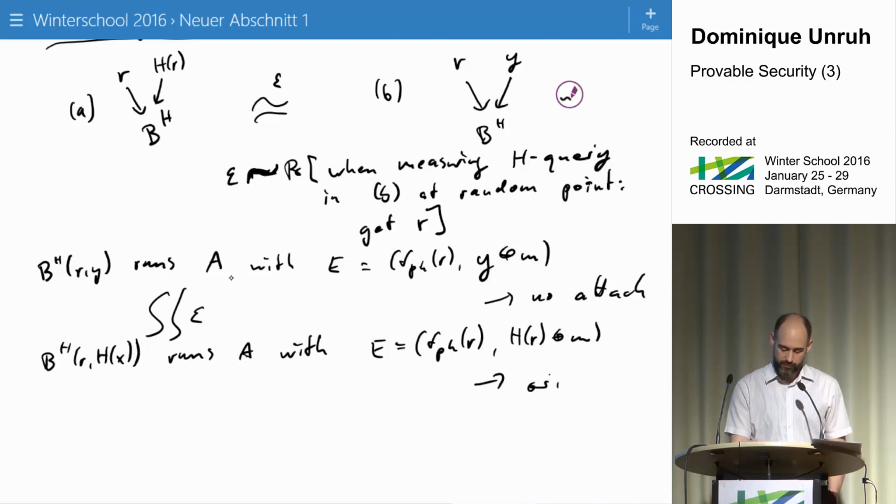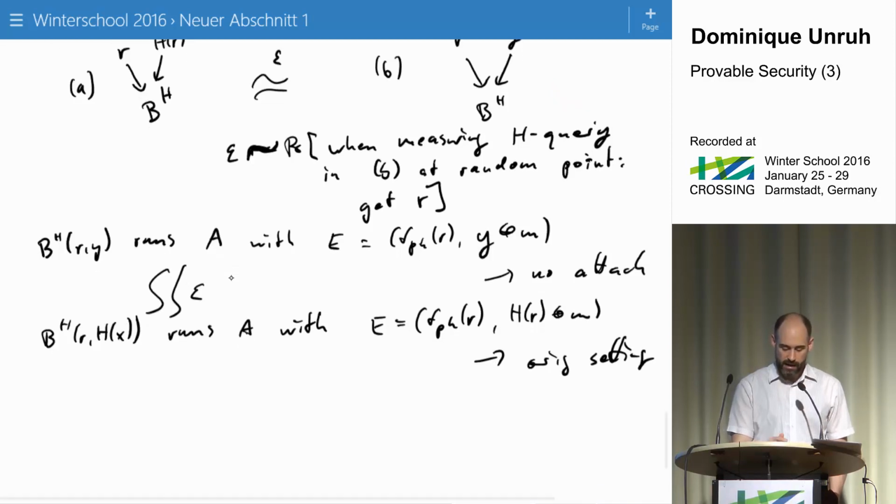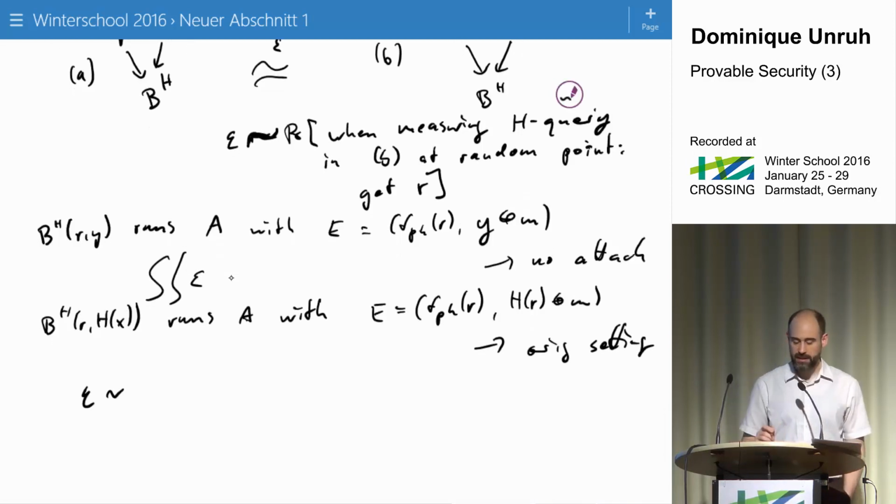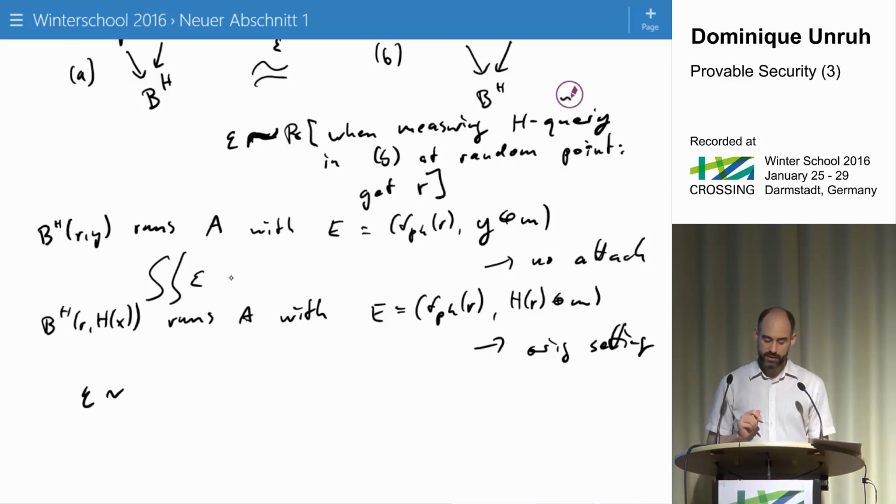So that's the original setting. And by the one-way to hiding lemma, the difference between these two settings is bounded by the probability that when we abort B^H at some point, we get the value r.